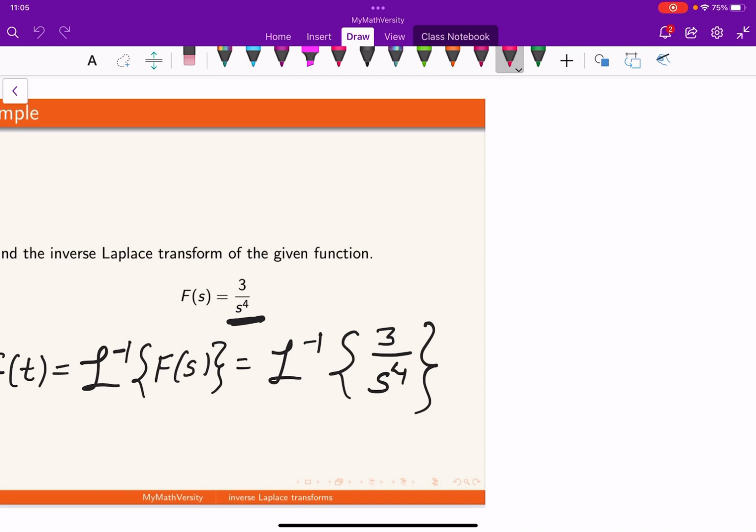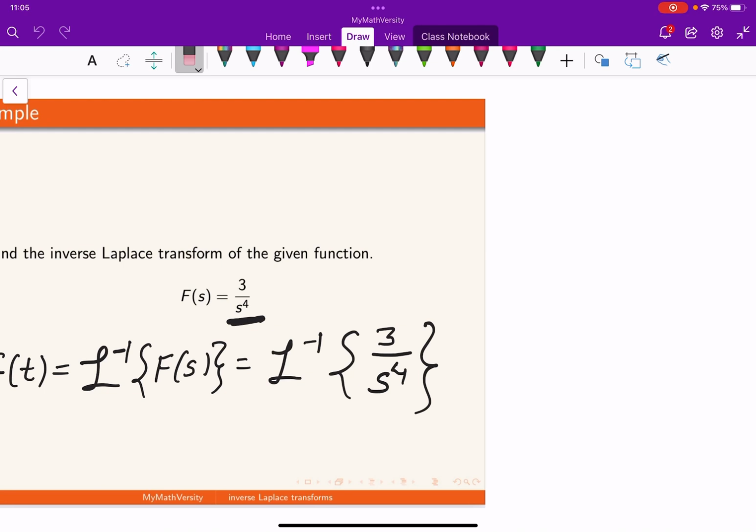If you look into the table of Laplace transforms, generally the function is given in one column, and its corresponding transform is given in the other, right? So what you need to look for is which one on the transform column resembles something like 3 over s to the power 4.